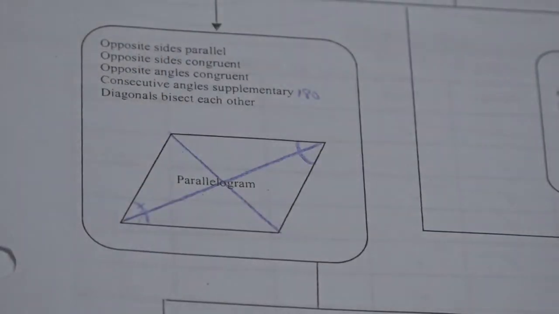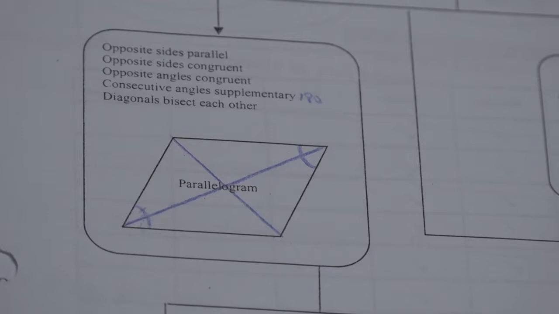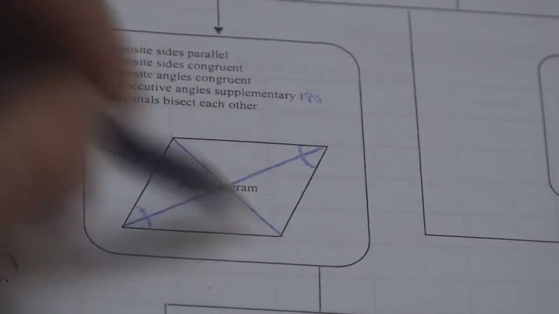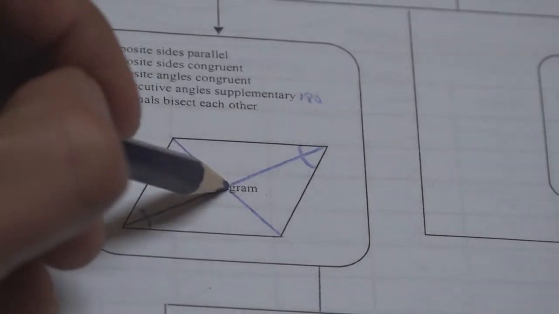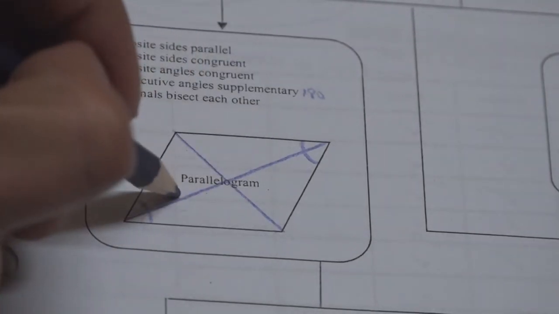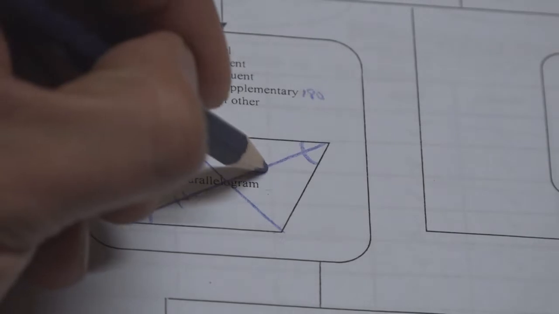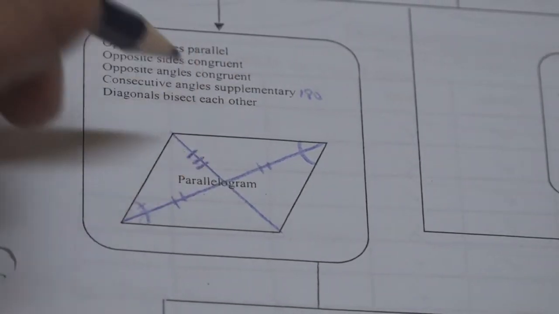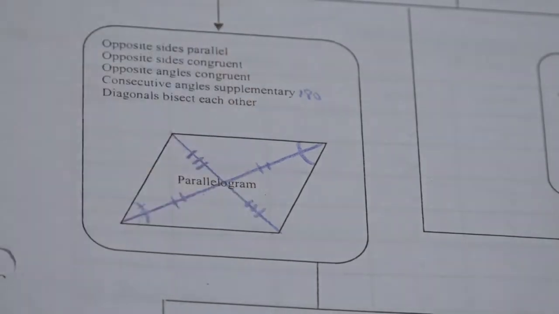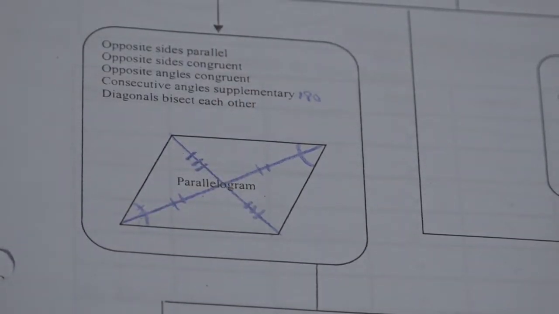Okay, I did my best. Hopefully it looks accurate. So these diagonals bisect each other, meaning that they go through the midpoint, and therefore it makes this segment congruent to this segment, and makes this segment, I'm gonna put 3 hash marks, congruent to this segment. All right, don't forget that.